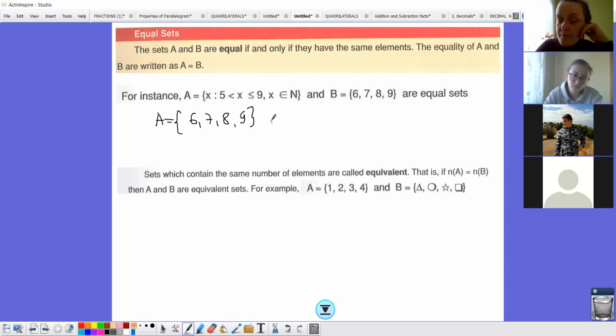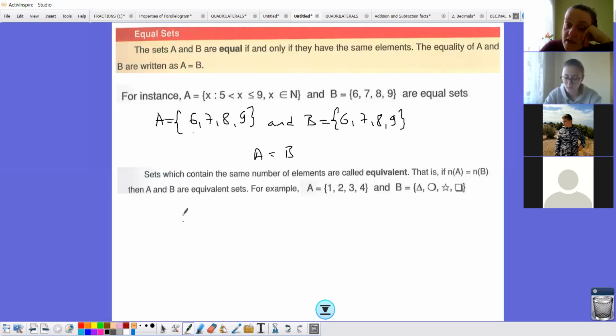So as you see, A and B are exactly the same sets. They have exactly the same elements. So we call these two sets equal sets. But if the number of elements is the same, we call them equivalent.